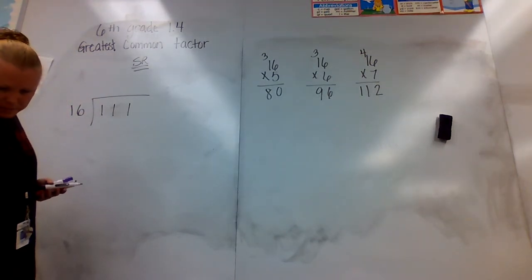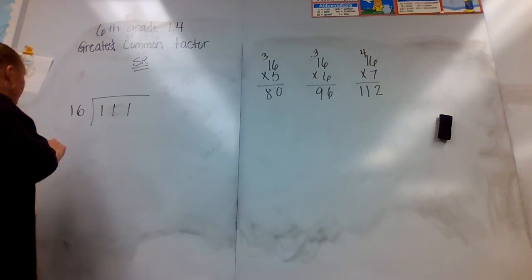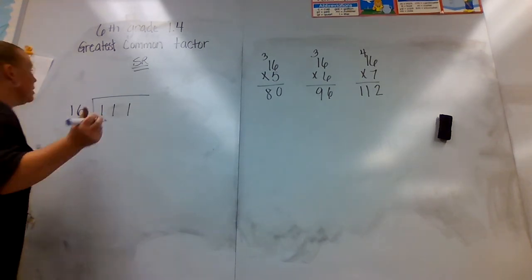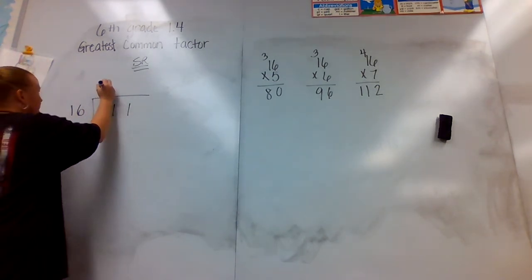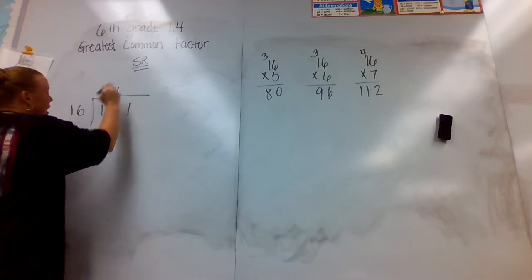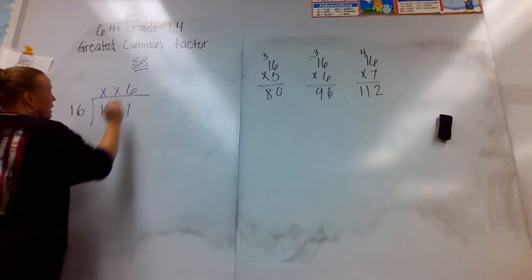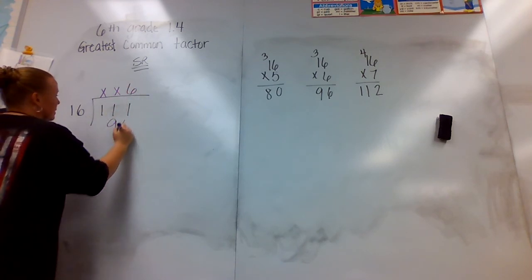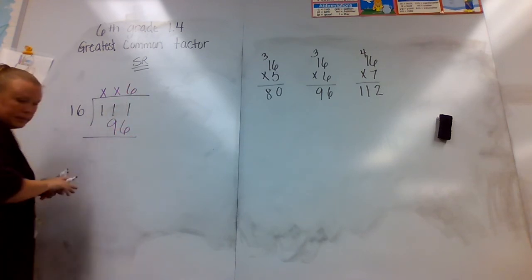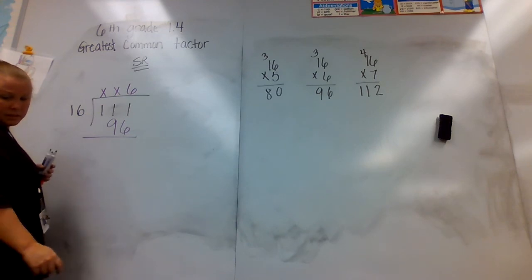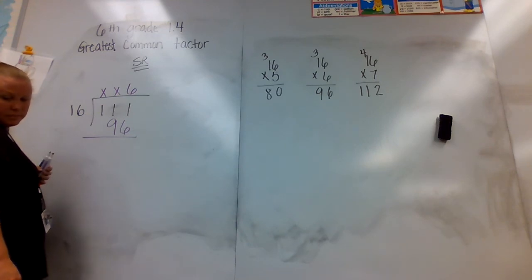Okay. All right, so now 16 is not going to go into 1, not going to go into 11, but it will go in 6 times, which is 96.